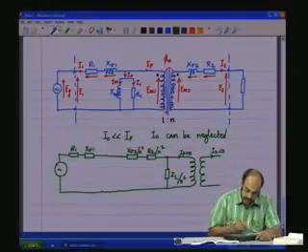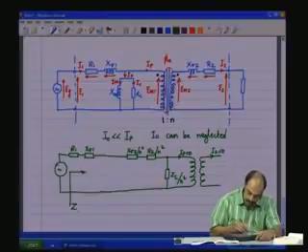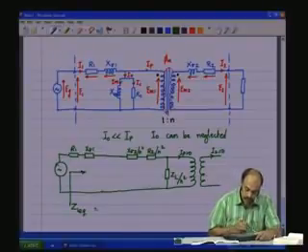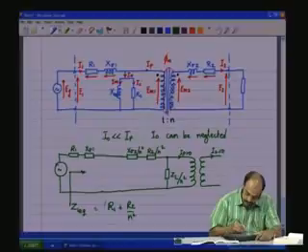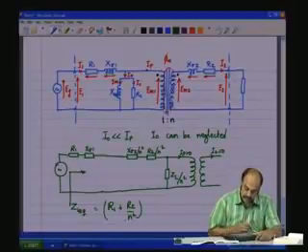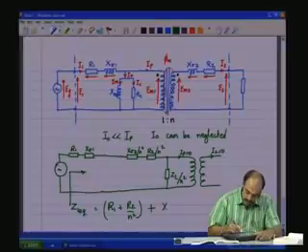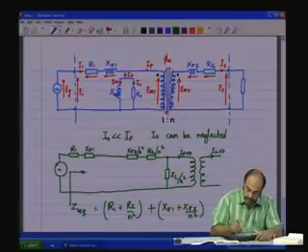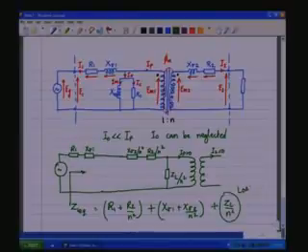So, which means the impedance as seen from the source, the equivalent as seen from the primary side would be equal to R1 plus R2 by n square, that is the resistance component, plus x sigma 1 plus x sigma 2 by n square, that is the reactive component as far as the transformer internal impedances are concerned, plus ZL by n square, that is the load component.